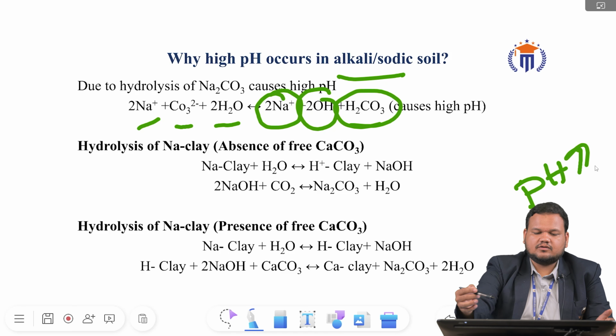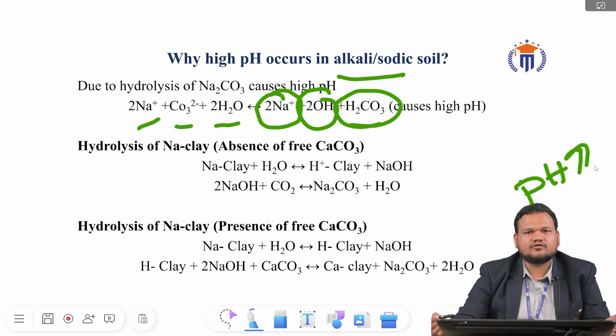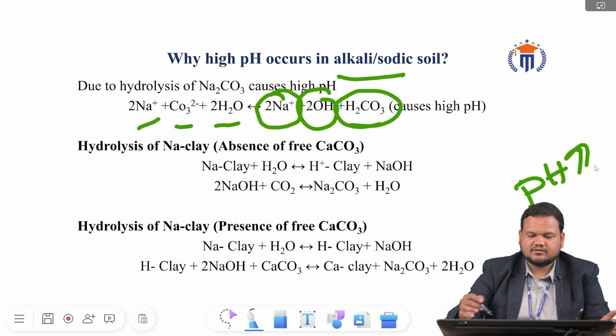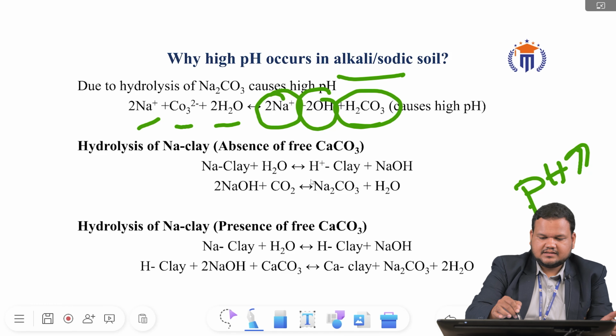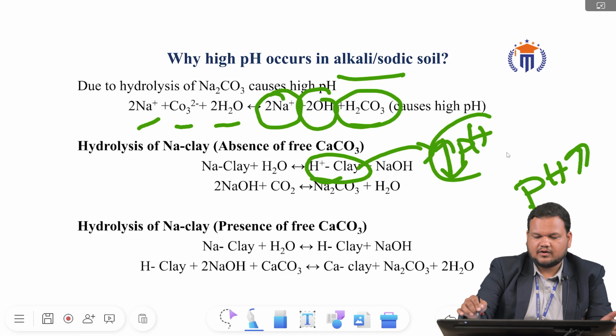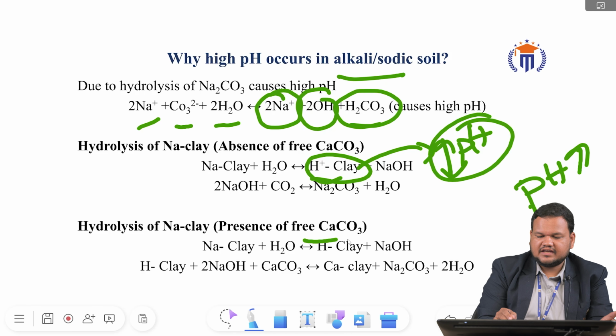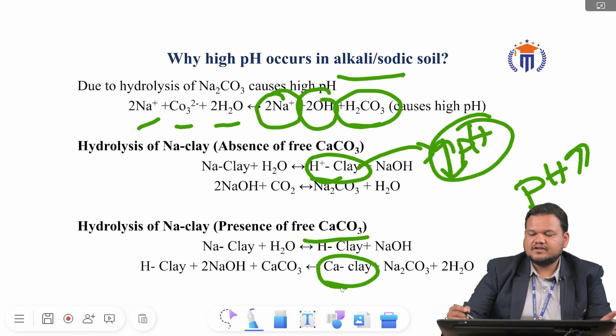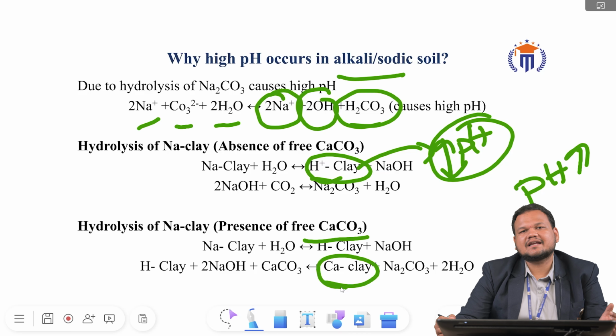Also, if there is any amount of free calcium carbonate, the hydrolysis of sodium clay happens. You can see hydrogen clay is formed, which means it decreases the pH of the soil. Whereas in the presence of free calcium carbonate, calcium-occupied clay is present, which will maintain the pH at a neutral or alkali condition.